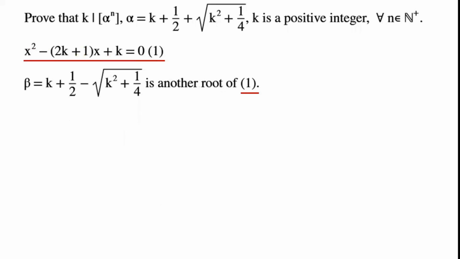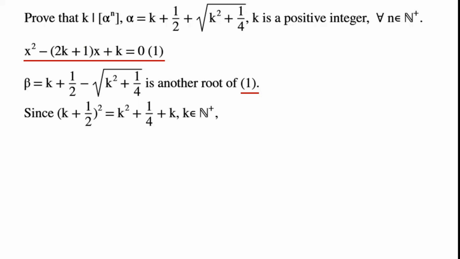Beta equals k plus a half minus root of k squared plus a quarter is another root of equation 1.